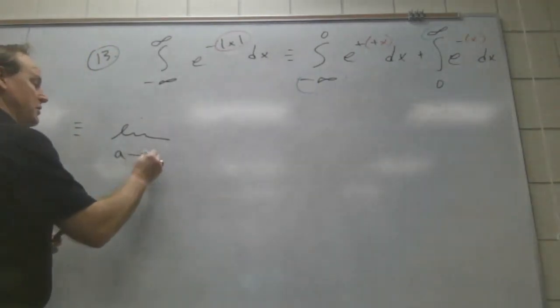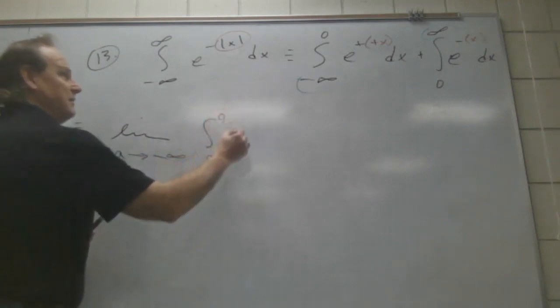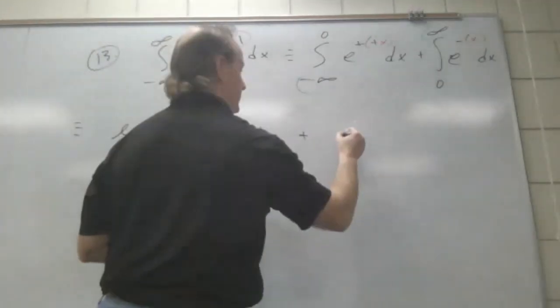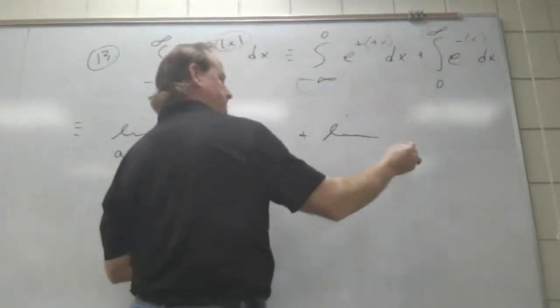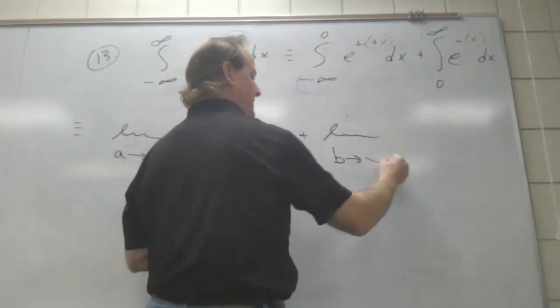A. The limit as a goes to negative infinity of the definite integral from a to 0 of e to the x dx, plus the limit as, what letter am I going to use for positive infinity? B, right?